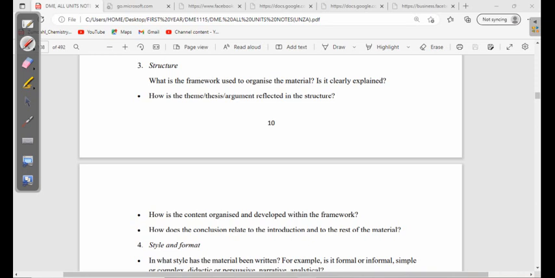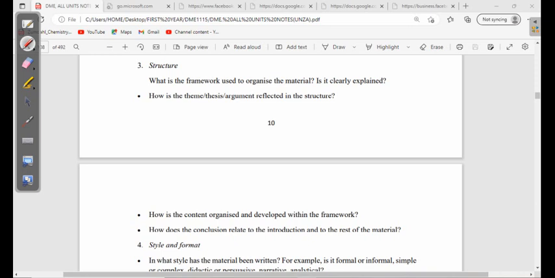Apart from understanding the content, you also need to understand the structure. What is the framework used to organize the material? Is it clearly explained? How are they presenting the material? Are the theme, the ideas, and the arguments reflected in the structure? So how is the structure presented? When you're talking about structure, it's just the outline. How is this material written?